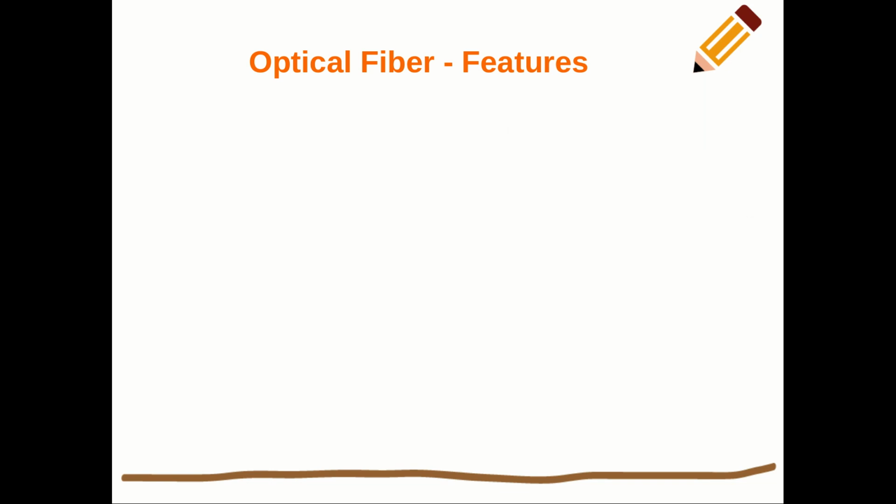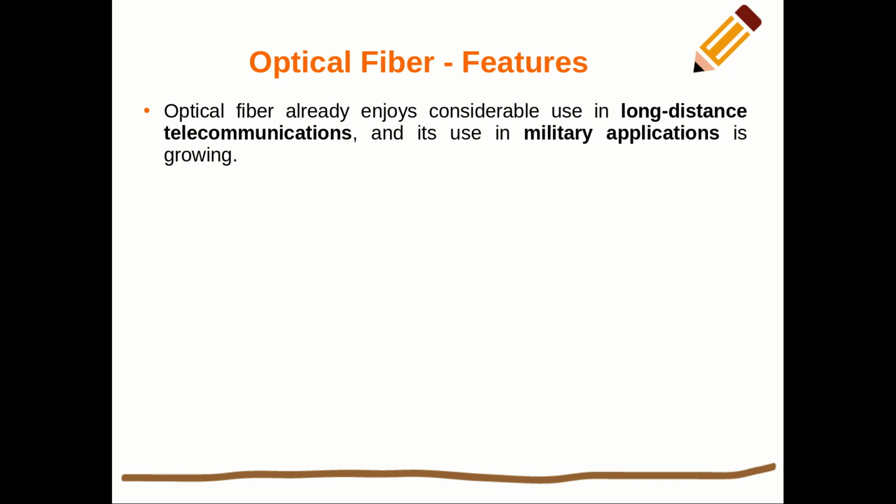If you are looking at the features, optical fiber already enjoys considerable use in long distance telecommunication, and its use in military applications is growing day by day. For long distance telecommunication, of course, compared to twisted pair, coaxial cable is better distance-wise, but fiber optic is the ultimate choice.